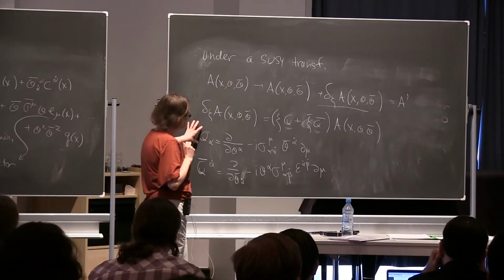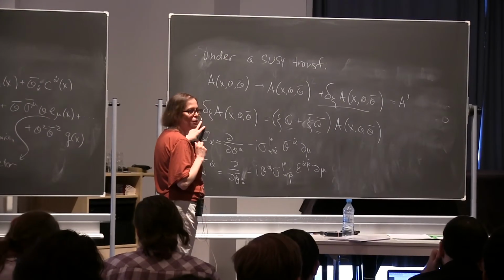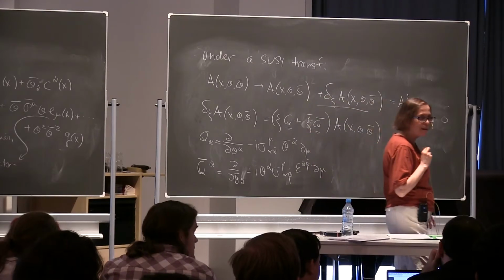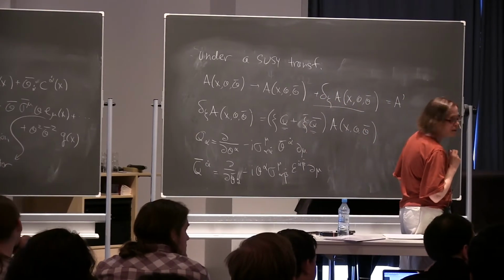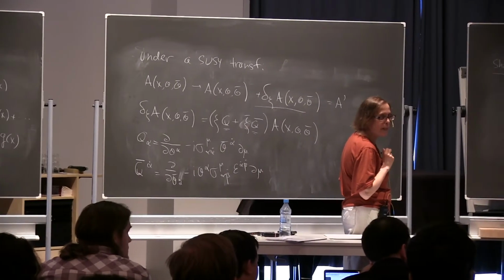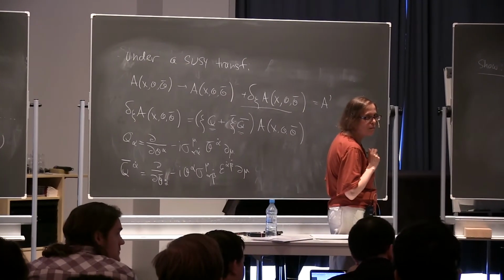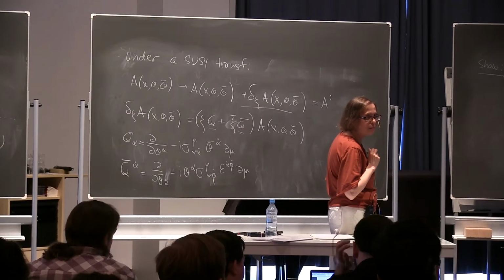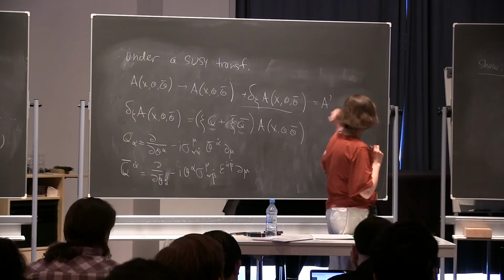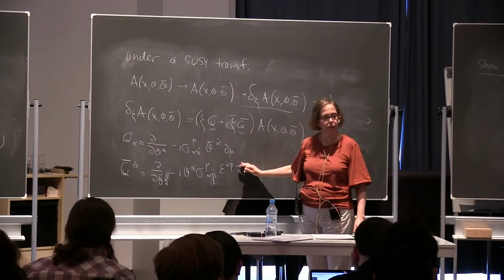Oh, so the Q, I can do the following thing. The question is what kind of generators you use to do this transformation. That was the only generator that I used.